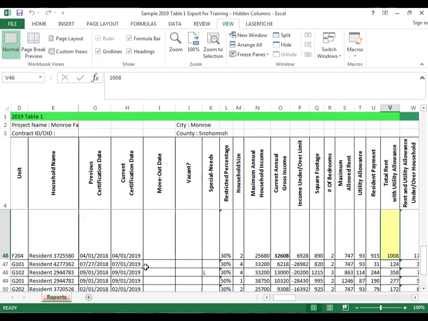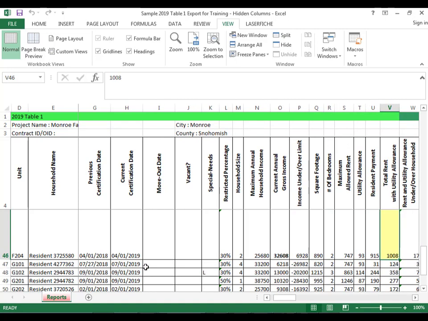But if we keep moving to the right, I'm seeing a bolding, and so total rent with utility allowance is at $1,008, and the actual maximum allowable rent on this unit is $747. So we are seeing the highlight in this column due to the fact that they're being overcharged rent.